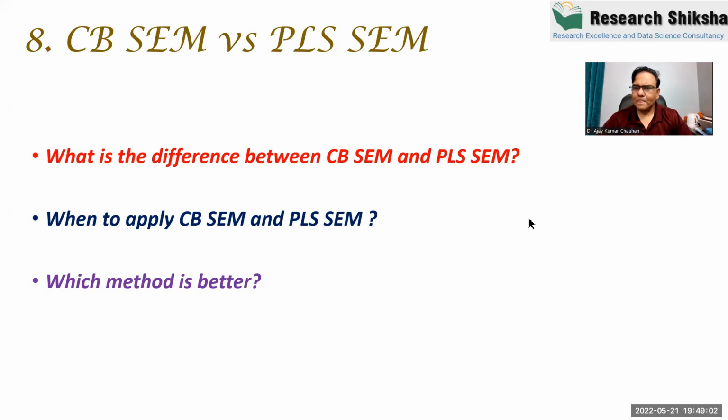The parent is the same, SPSS and AMOS, so they are brother and sister. AMOS works on covariance-based technology. However, Smart PLS, which we are going to learn, is not adopting the covariance-based technology. It is adopting the regression-based technology.